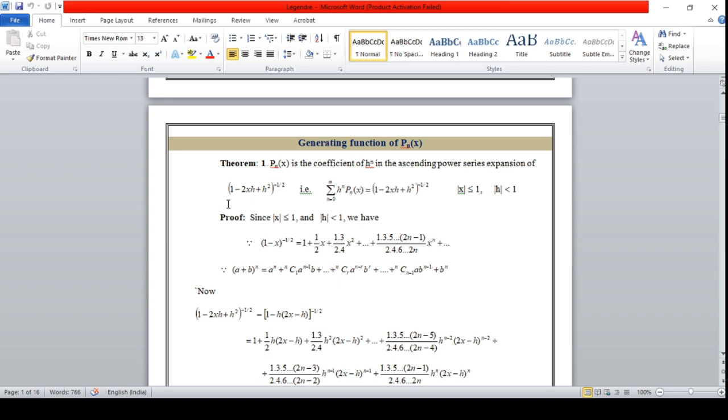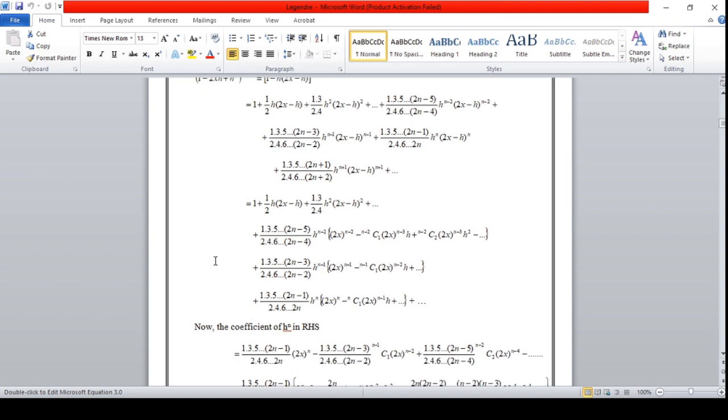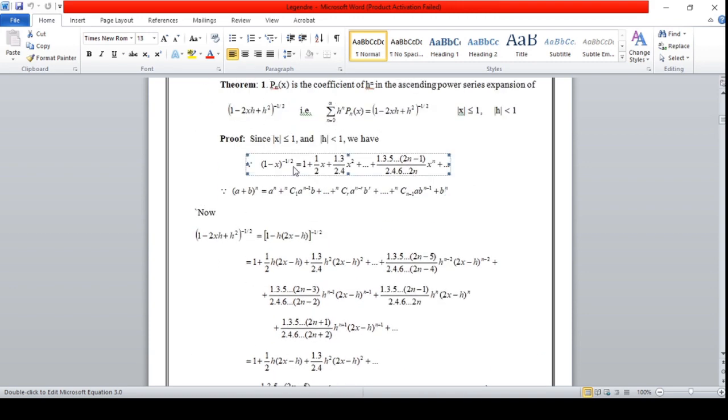And next is the binomial expansion. Now (1 minus 2xh plus h square) raised to the power minus 1 by 2 is written as [1 minus h(2x minus h)] whole raised to the power minus 1 by 2, and apply this series.